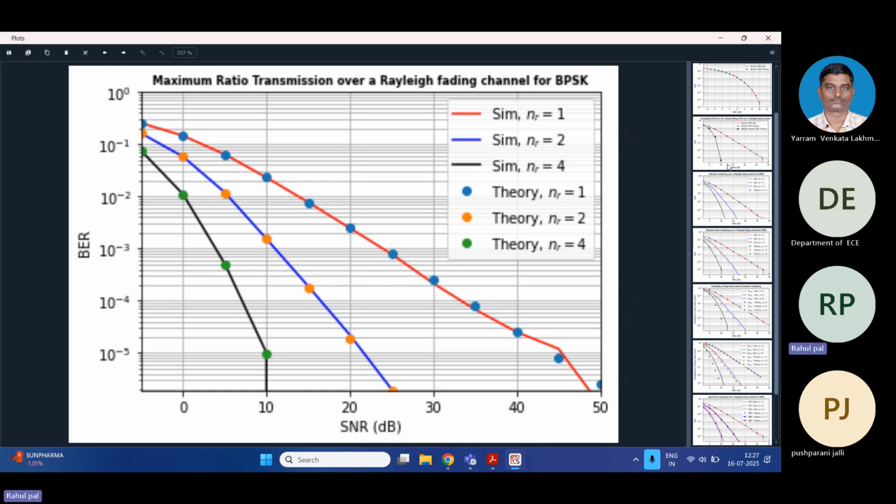So now you can see this is the picture from the uniform array. We are adjusting the weights at the transmitter side in such a way that my signal should go in a particular direction.